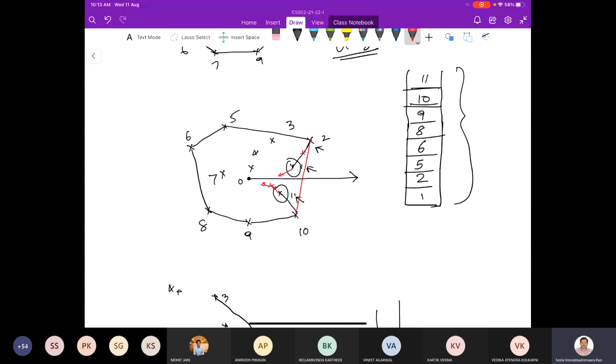So how can we identify such points? It's not possible in this algorithm. Understood the problem? Not just one point, but any number of points which are not part of the convex hull can appear in the output. Everybody understood?